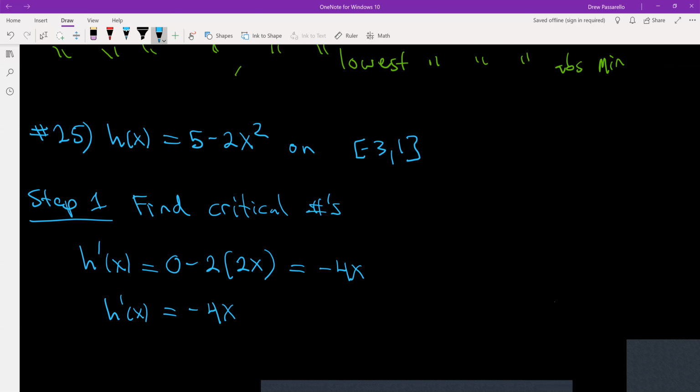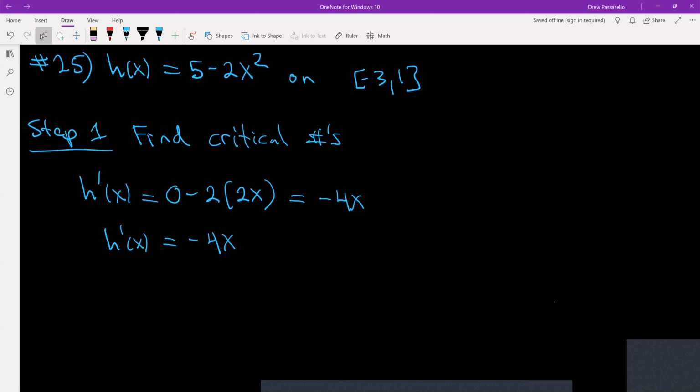So there are no cases in which the derivative doesn't exist, because this is a polynomial, and polynomials are continuous everywhere. So no cases where h prime of x doesn't exist.